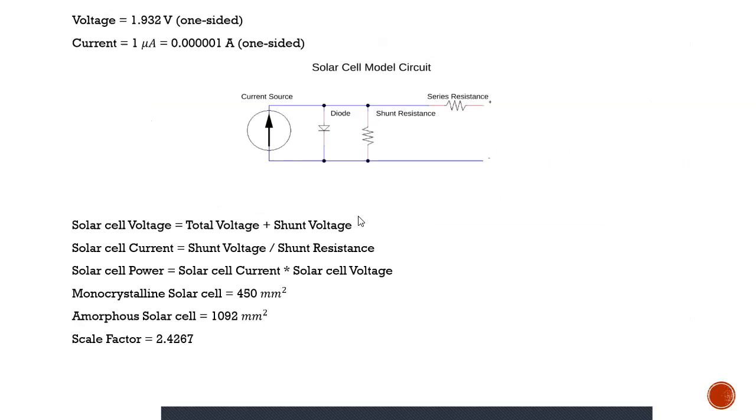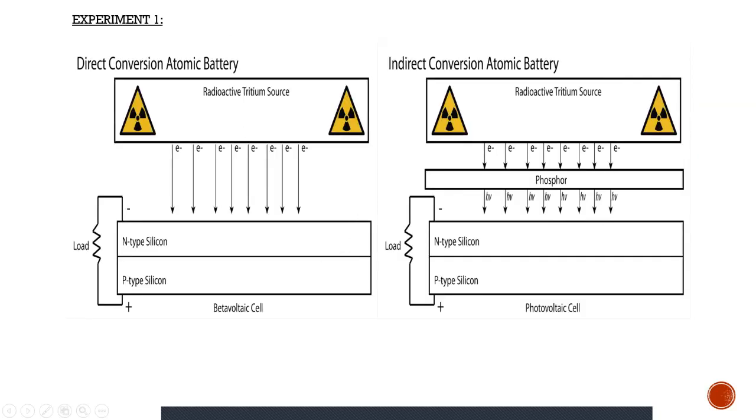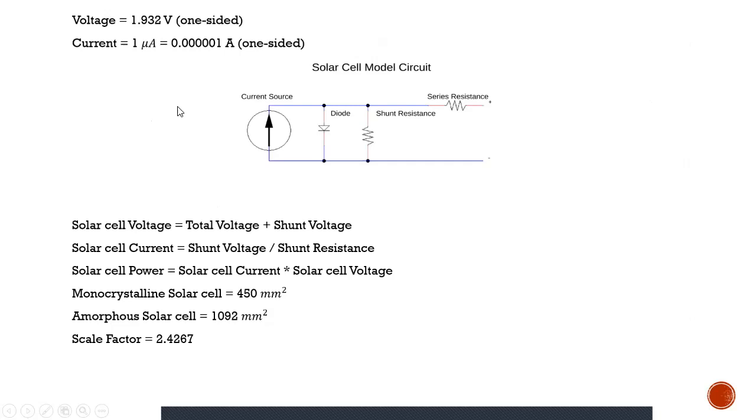Okay. Now, if we are using it as one-sided, the voltage that we will get is around 1.932 volts, and the current will be around 0.1 microamperes for this one-sided cell. This is the basic model circuit for the solar cell.